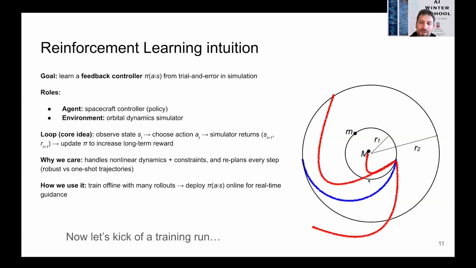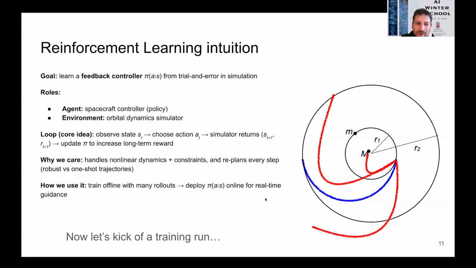Some might get you to the target orbit, but in a way that's not efficient or not stable once you get there. And then some might cause your orbit to blow up and you shoot past your target orbit. And of course, the ideal Hohmann transfer is described in the blue case here.